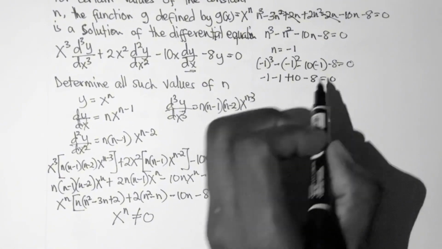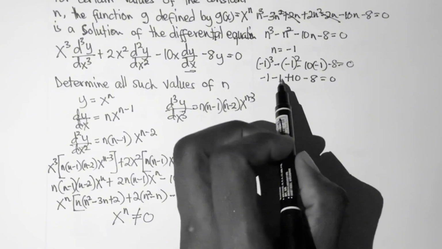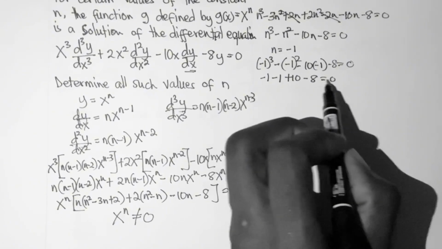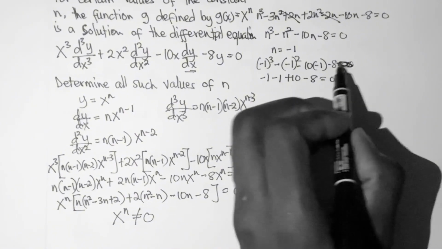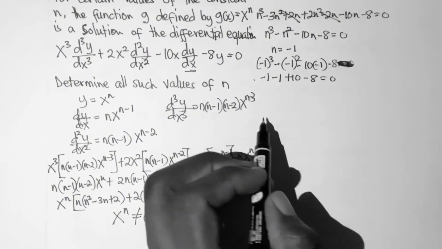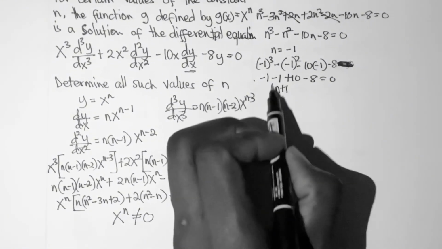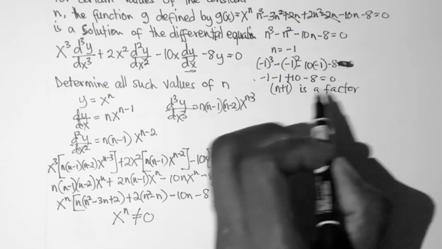Minus 8 is equal to 0. Now here minus 1 minus 1 is minus 2. Minus 2 plus 10 is 8. 8 minus 8 gives us 0. Sorry, I had to correct this. So all of this will evaluate to 0. So what it means is that n plus 1 is a factor of that equation.